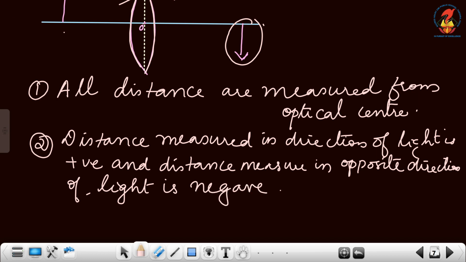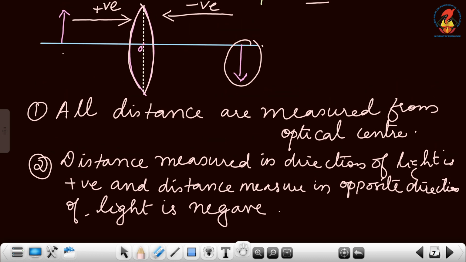Now height of the object which is upward and perpendicular to principal axis is positive, while the height of the object taken downward perpendicular to principal axis is taken as negative.